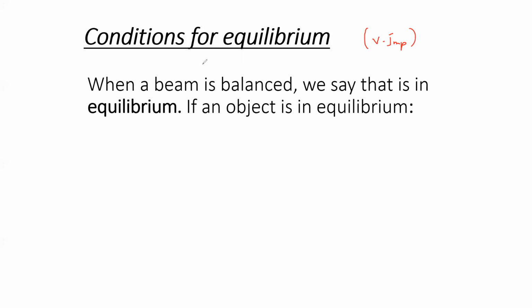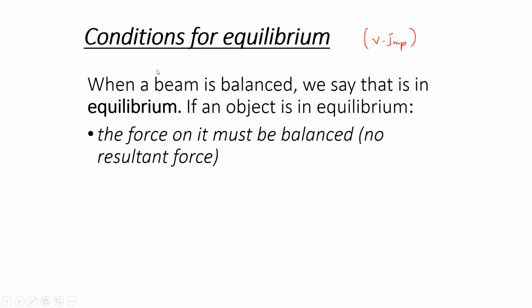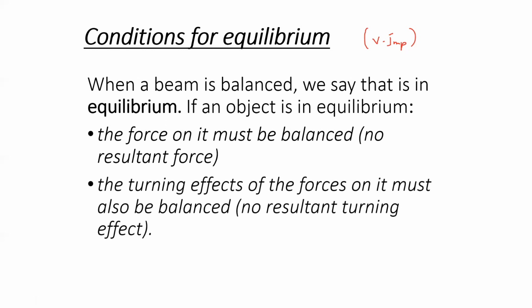And if an object is in equilibrium, there are two conditions. Number one, the forces on it must be balanced, meaning no resultant force should be there, and number two, there should be no resultant turning effect.